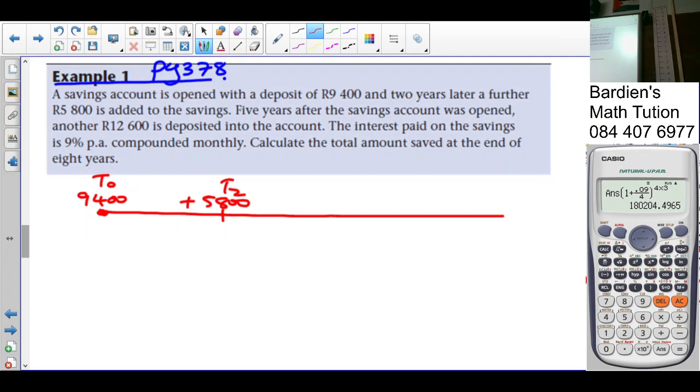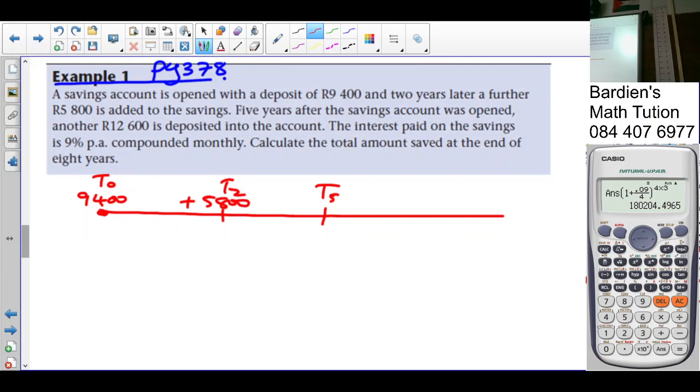Did that put us to T7 or T5? 5. Why? It didn't say 5 years after the second deposit was made. It was 5 years after the account was opened. That's why it takes you to T5.